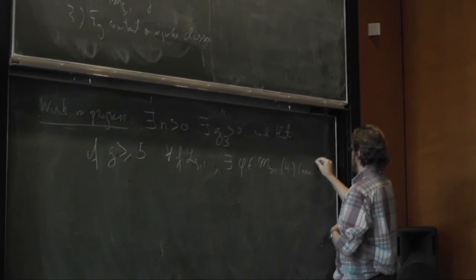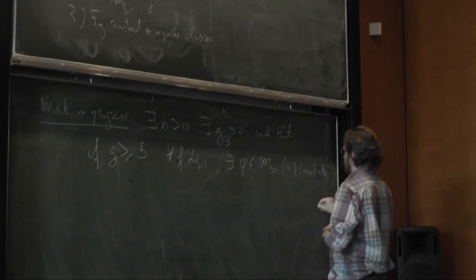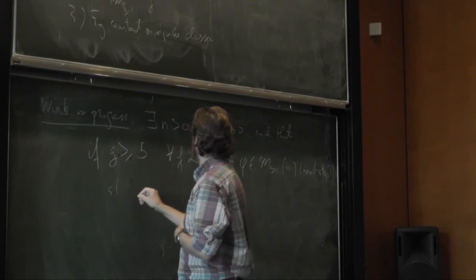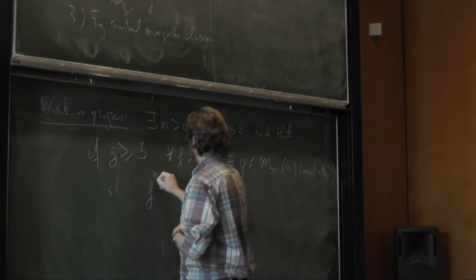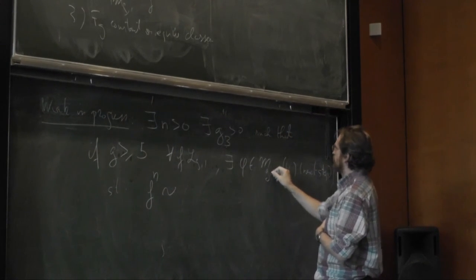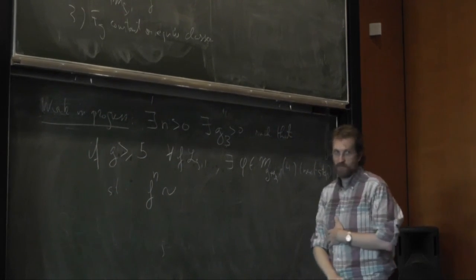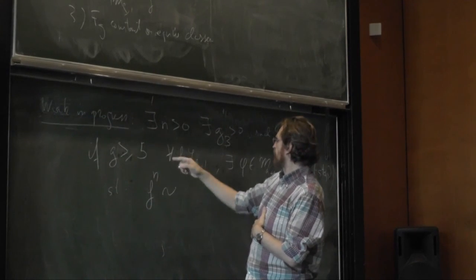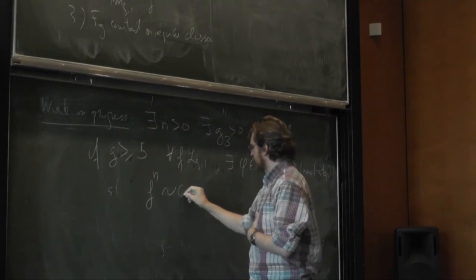So just next step. Such that f to the n is, excuse me, this is g plus, this is g3, 1. So that f to the power n is equivalent to phi.